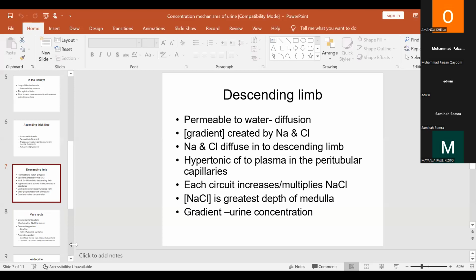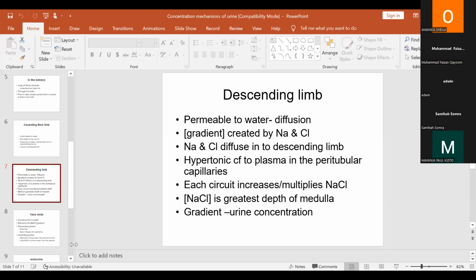But as the fluid descends within the lumen, the sodium is retained within the lumen. There is no reabsorption of sodium. However, water is removed from the lumen of the descending loop of Henle as sodium chloride is retained.